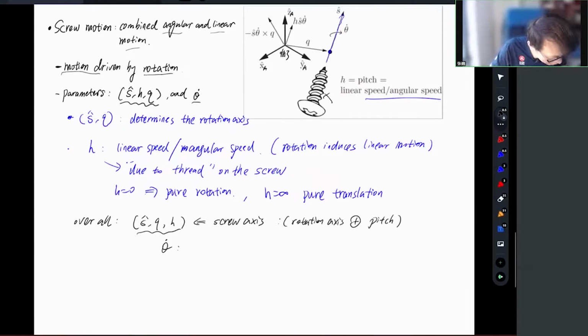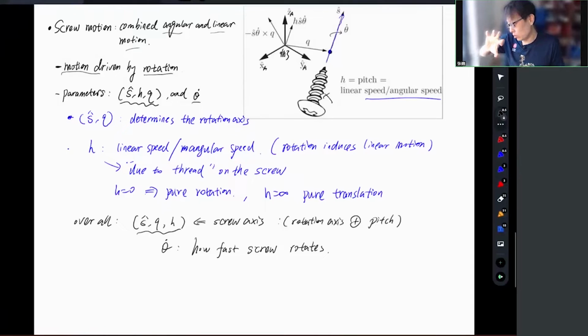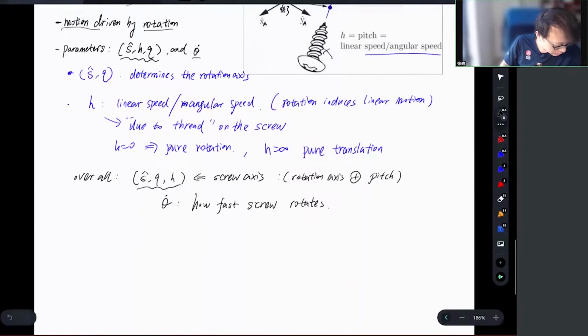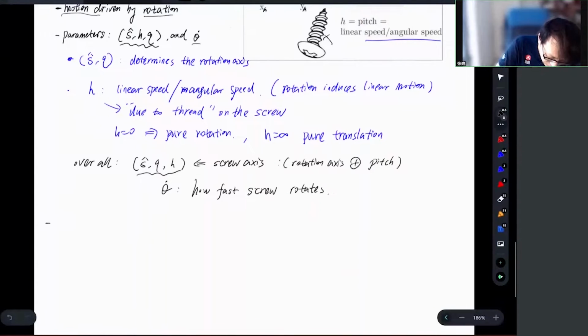So theta dot really tells you how fast the screw rotates. You only have one action, just rotate. You can rotate slower or faster, and if you rotate, the motion will rotate and also move along the screw axis. Okay, that's the physical meaning of screw motion and screw axis. I hope that clarifies a few things.